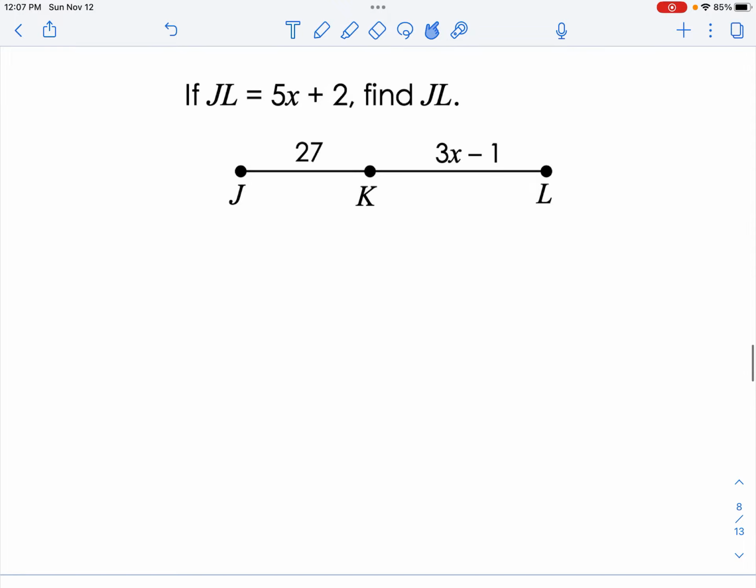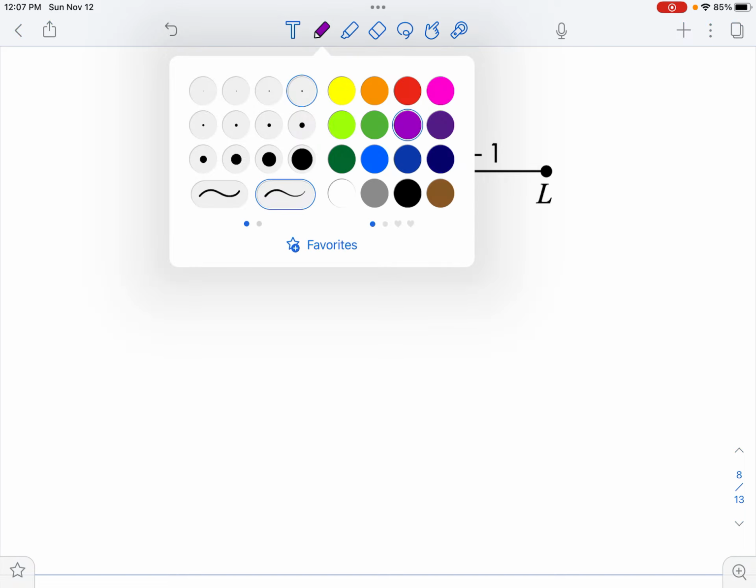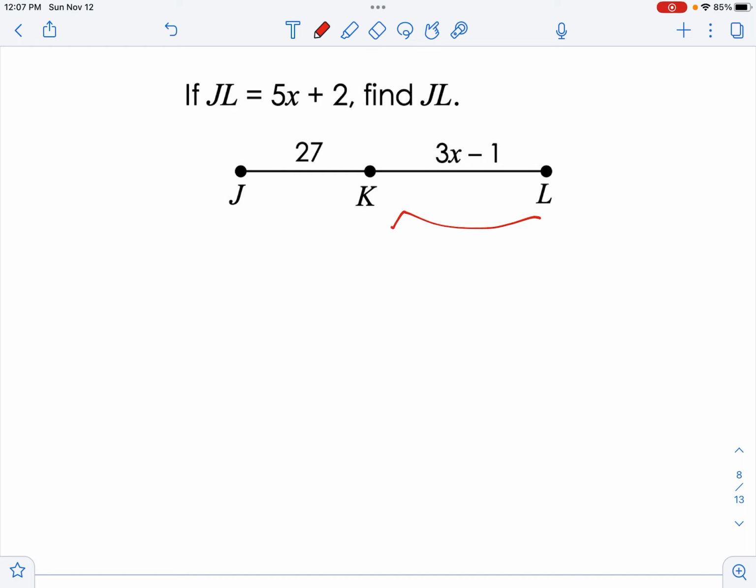Okay. So this time it says JL, which is the whole thing. So I'm actually going to write that. And we'll switch colors. So this whole thing is equal to 5x plus 2. It's helpful to write that in there so you just know exactly what you're dealing with. They want us to figure out what JL is, the whole length.